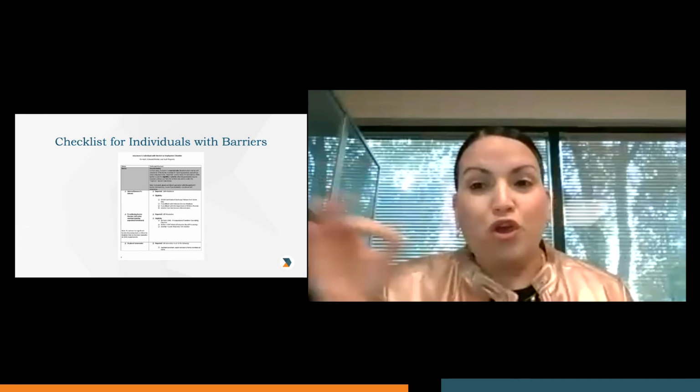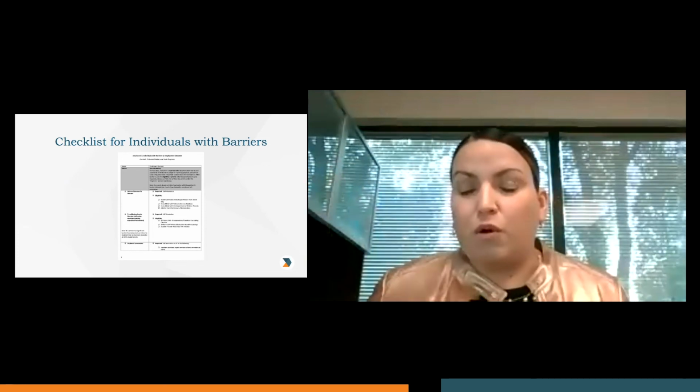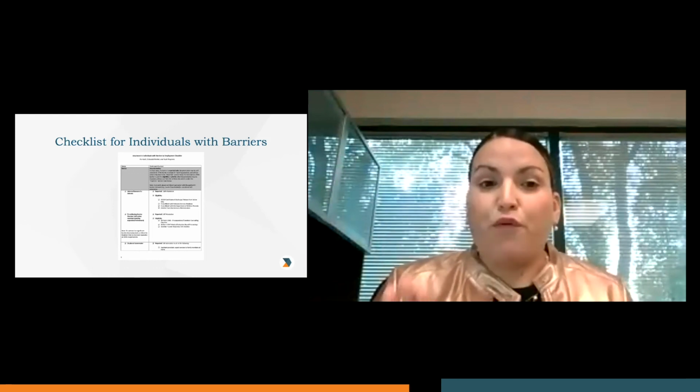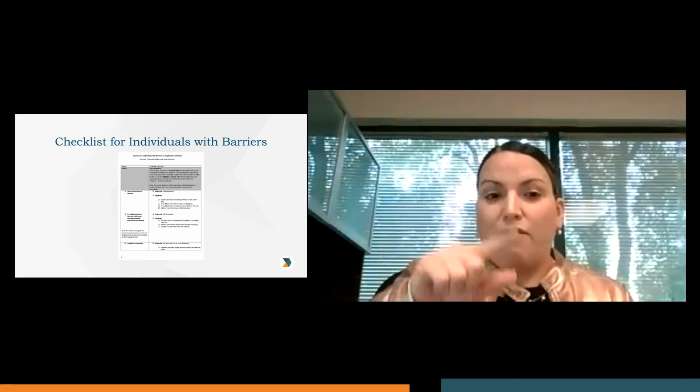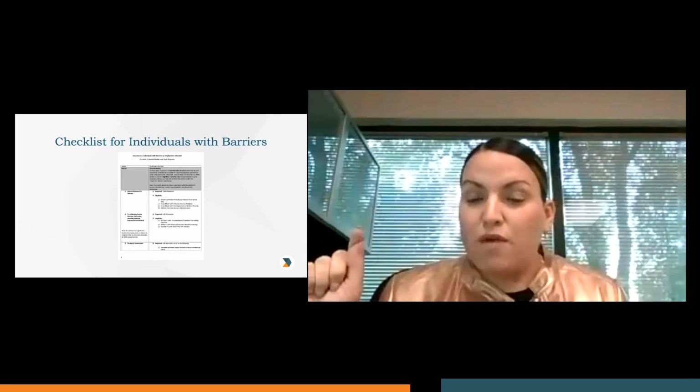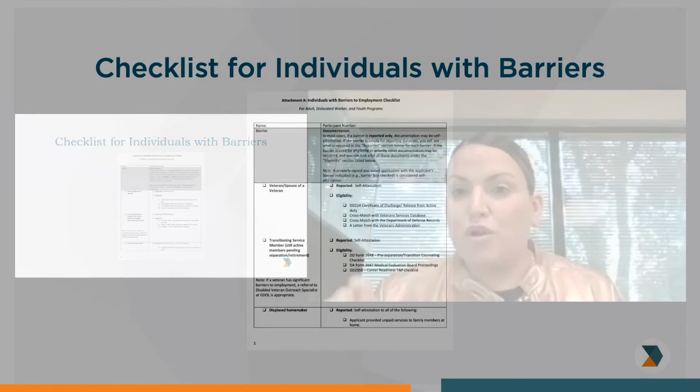Because that barrier, you won't utilize it for eligibility or priority of service. Or if you're using that barrier for eligibility, then you have a way to check the word eligibility and then check whatever document out of that list you are gathering.